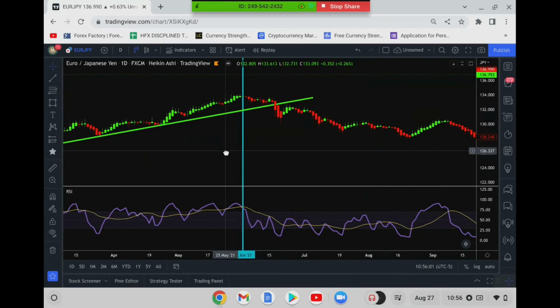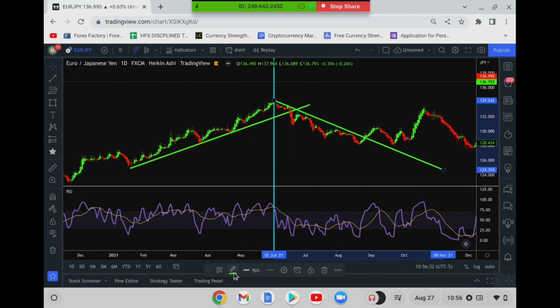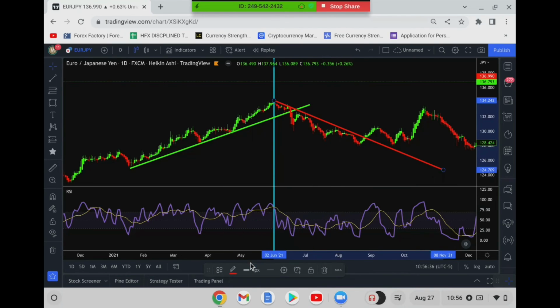And then all of a sudden we had price break our uptrend and start moving in the downward direction. And you guys, this would be considered a reversal within the market. Even if it's just a small reversal or a short-term reversal, this is still considered a reversal within the market because price did what? Reverse directions.